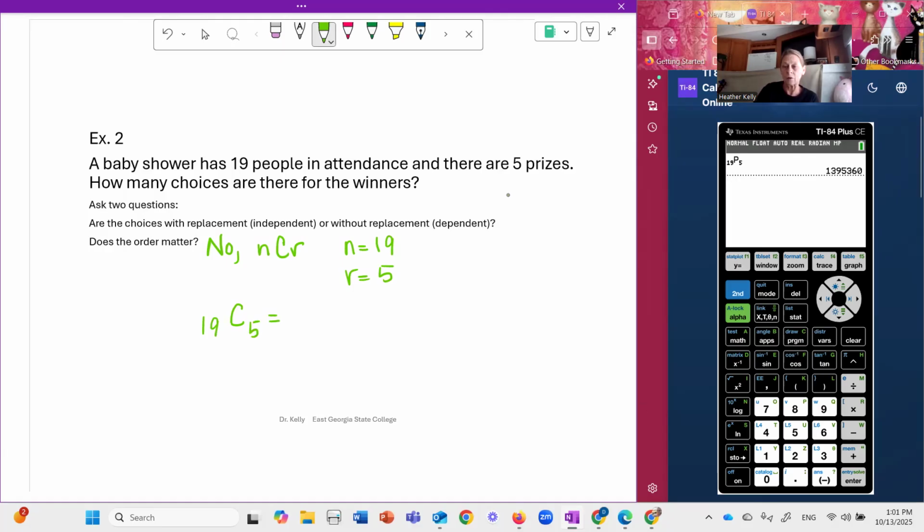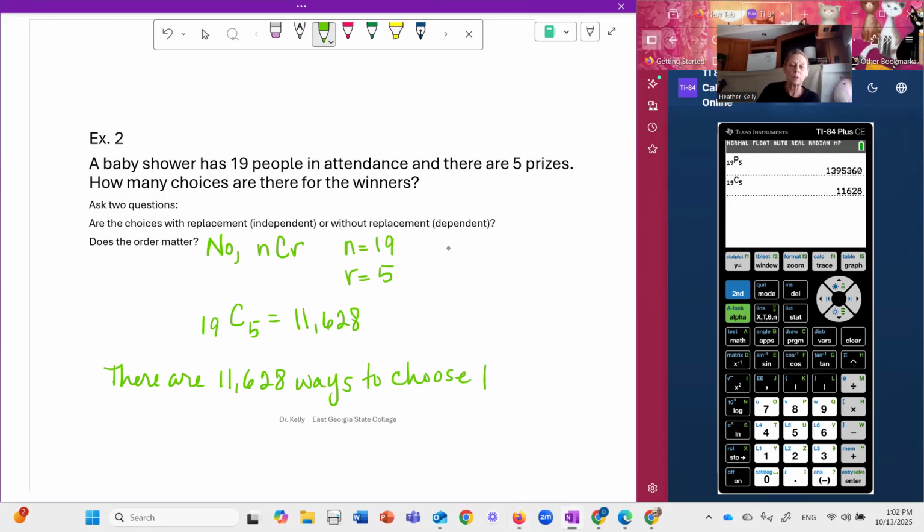But when we set this up, you're going to see, even though it seems like the same question, this is why it's important for you to know if the order matters or doesn't matter, because that gives us a completely different number, 11,628. So there are 11,628 ways to choose the 5 winners.